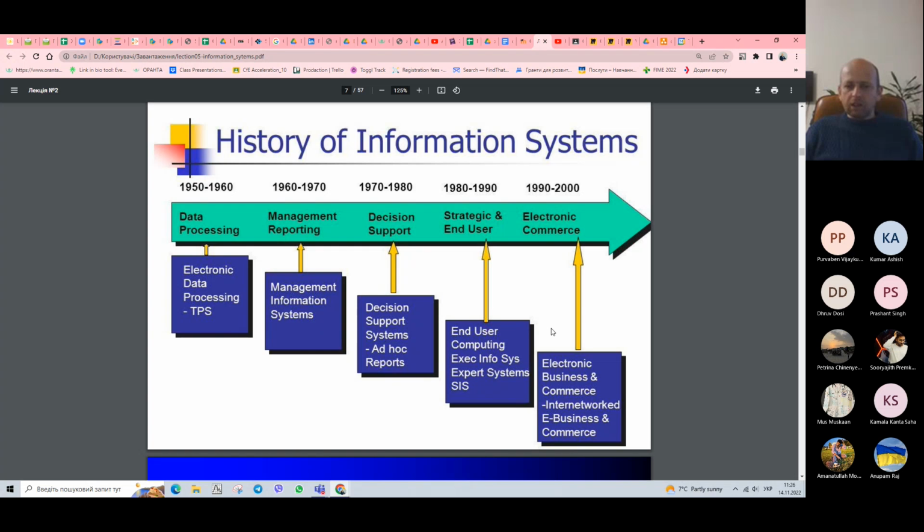Then strategic and end-user computing, expert systems, and electronic commerce.